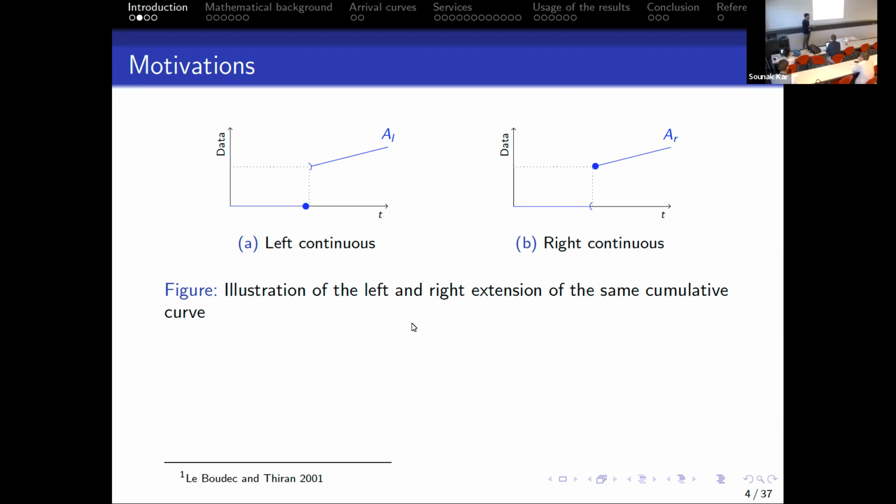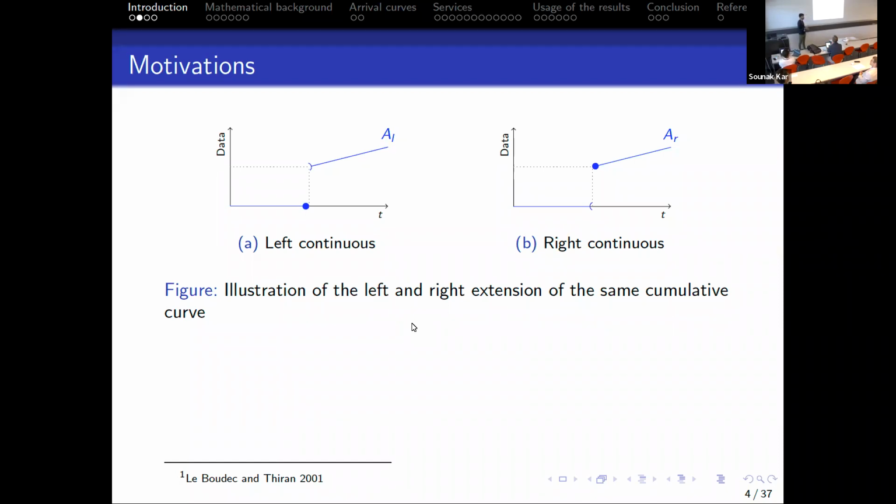However, in the last few years, some research is developed with the right continuous cumulative curves. And similarly to the left world, I will talk about right world for all the results developed with the right continuous cumulative curves. And we have then results in the two worlds.